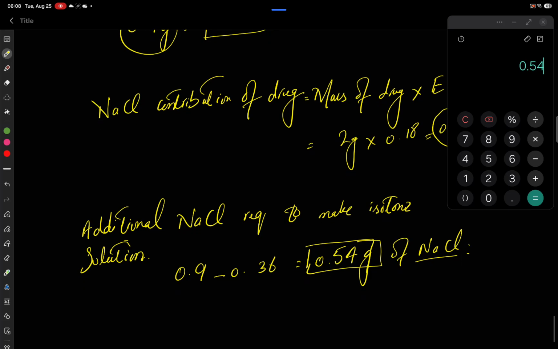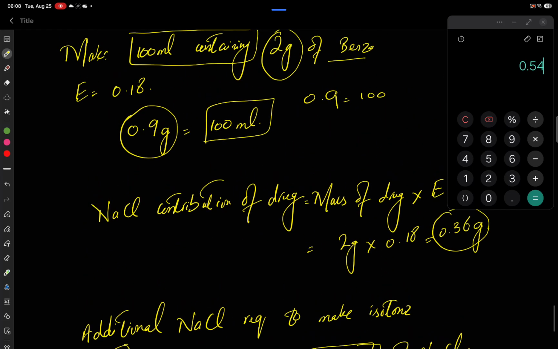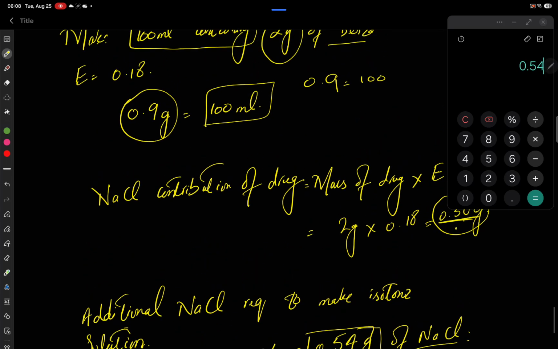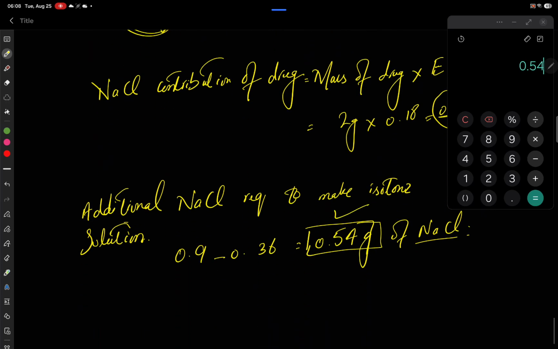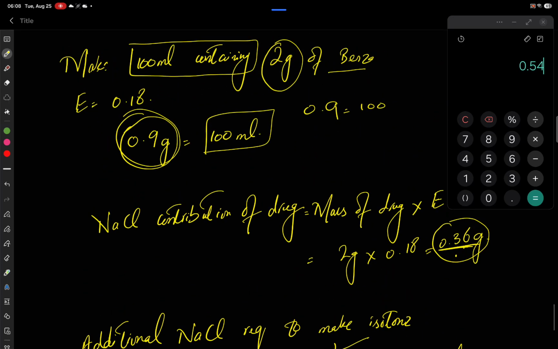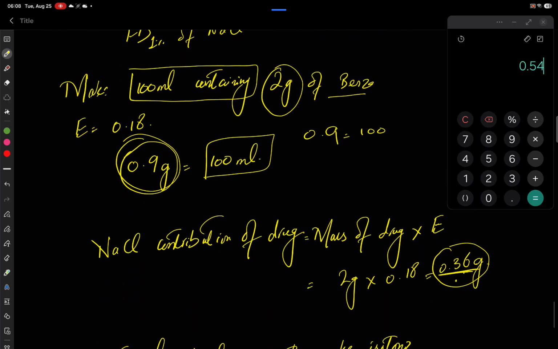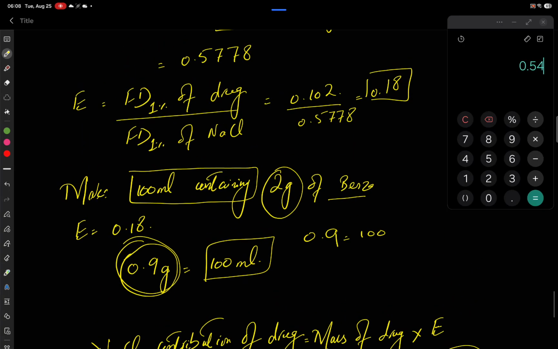We will subtract 0.36 from the total amount of NaCl required to make the solution isotonic, and we will get the answer of 0.54. At the end we will have 0.54 gram of NaCl and 2 grams of our drug, that is benza, and we'll mix in 100 ml sterile water, and as a result we will get an isotonic solution of benza.